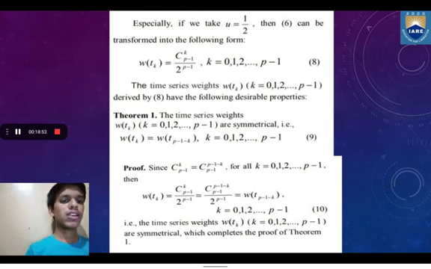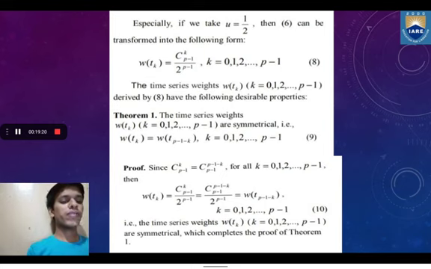Since, as we know, nCx is equal to nC(n minus x), as we have already seen in combinations, similarly here n is p minus 1 and x is k. So (p minus 1) C k is equal to (p minus 1) C (p minus 1 minus k) for all values of k.